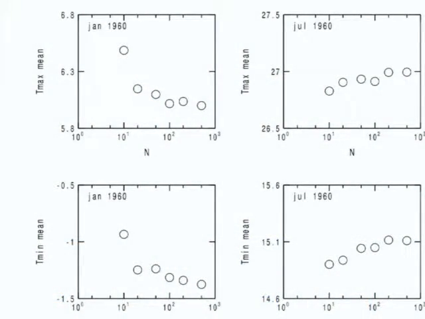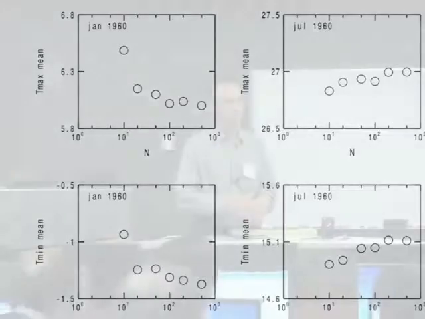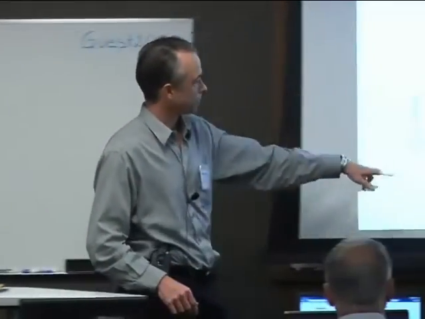One of the things we wanted to do was to ask how much the resolution matters on some of these. So this shows the estimated monthly mean low temperature for January, and you can see the timing.